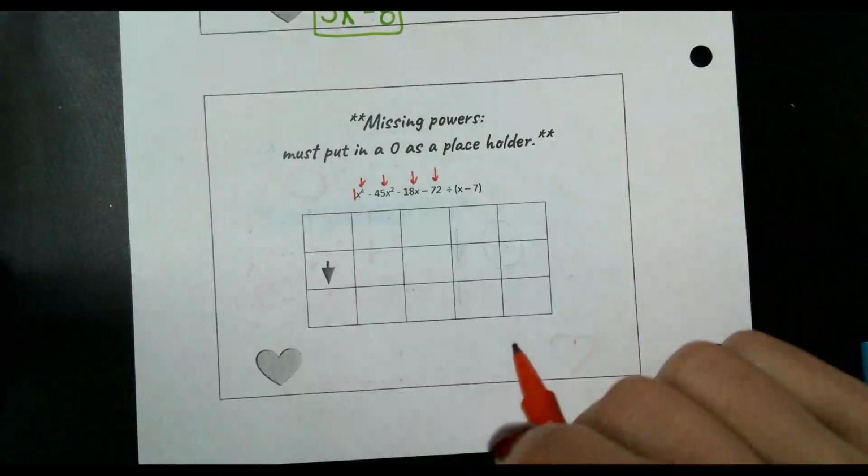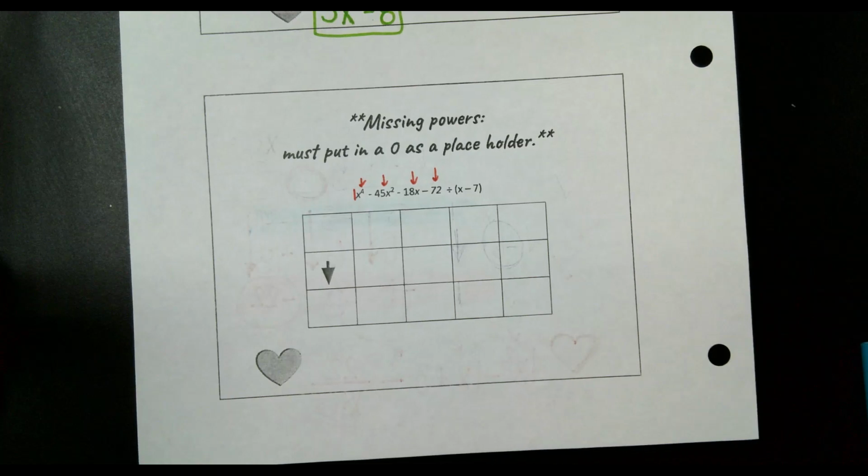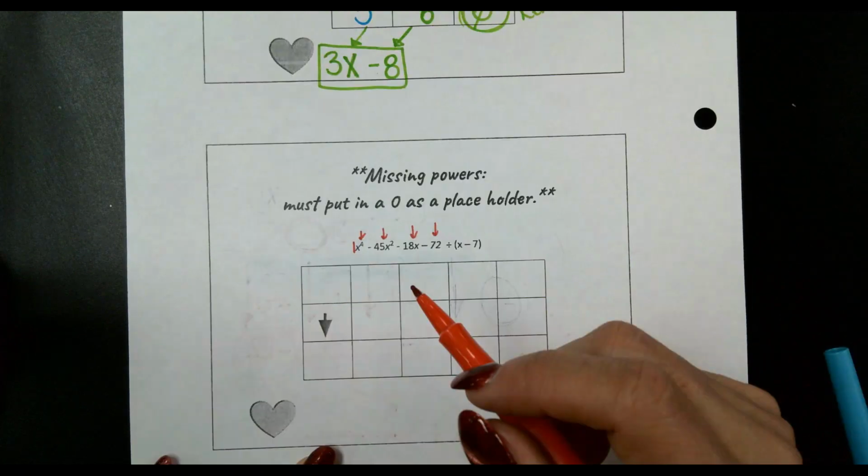I see 1, 2, but then I see 5 columns. Now remember, that box typically isn't there for you. Why in the world did I make 5 columns if there were only 4 terms? Read what it says.